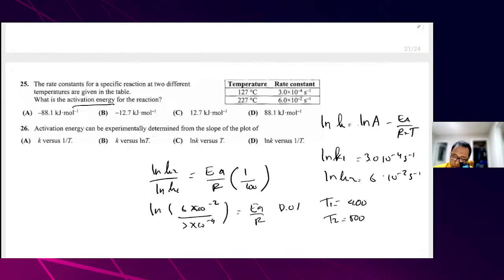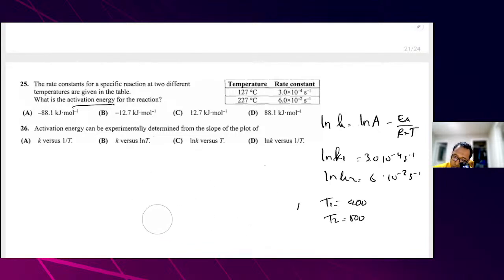Okay, so in this case, if we have two points, remember ln K2 over K1 equals EA over R times (T1 minus T2).